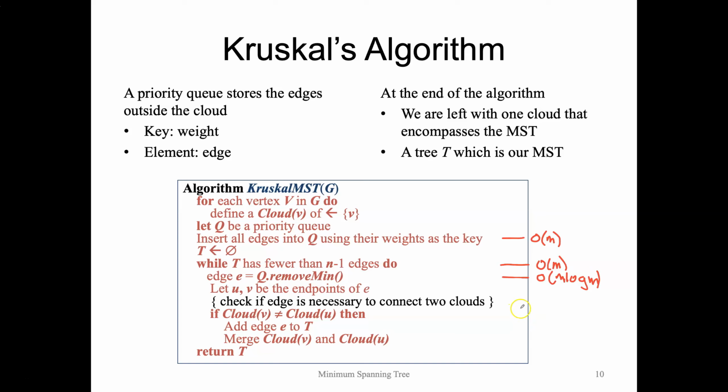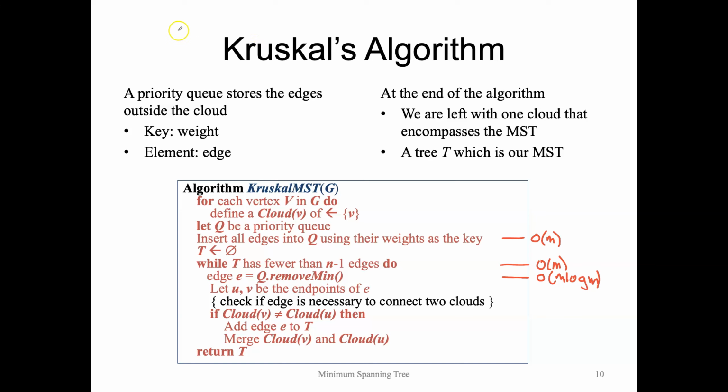But what's not really clear yet is how we can efficiently implement these operations of finding for a vertex what cloud it belongs to, and also how to merge clouds together. So we'll see how to do that in a moment, but keep in mind here the difference between Prim's algorithm and Kruskal's algorithm. Both of them are using this partition property to form a minimum spanning tree by using an edge of minimum weight.